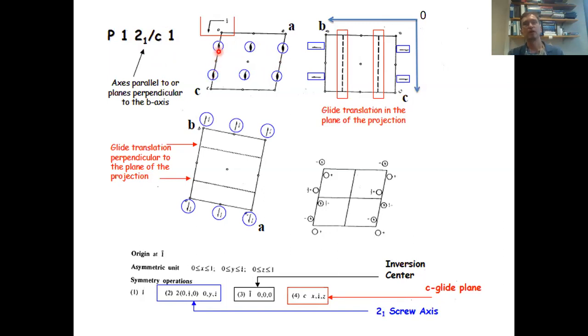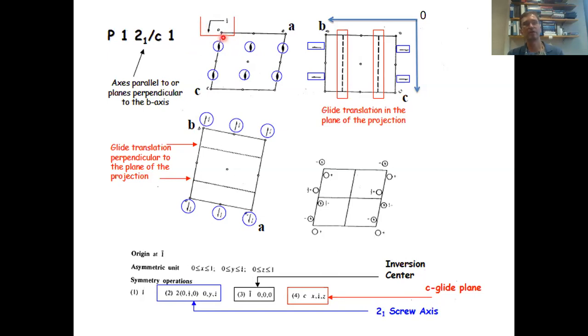So it runs along B and is shifted by a quarter along the lattice parameter C. All right. Then in addition, you see the glide plane. So this is here the glide plane.